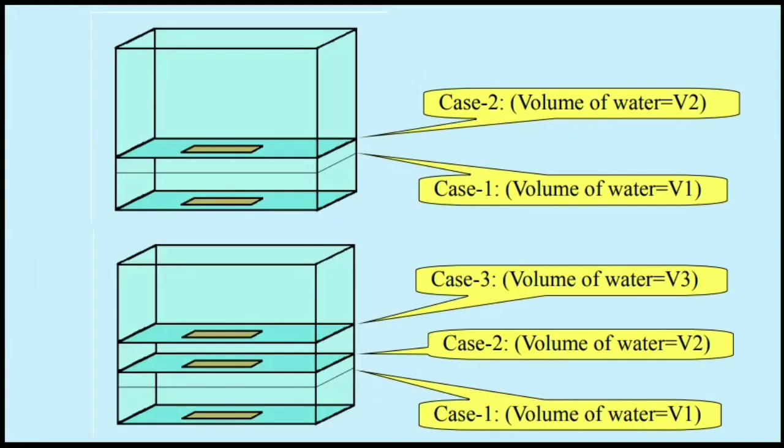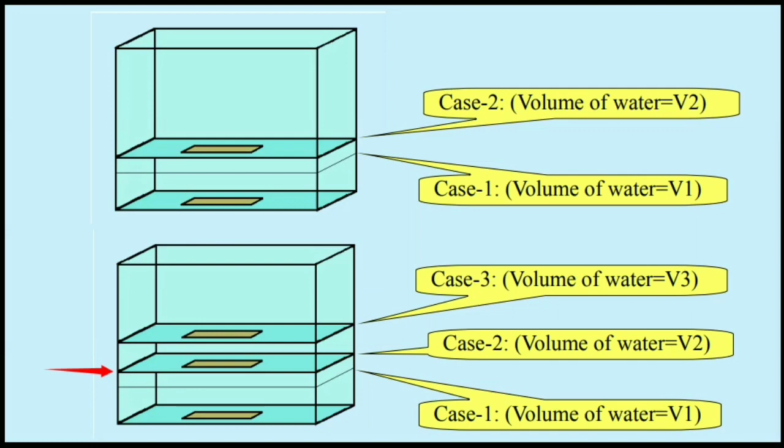I explain the solution through this pictorial representation. Case 1, when water only was there in the tank. The height of water in the tank is pointed out using arrow sign. Case 2, when a cube is placed in water and new level of water is shown again using arrow sign.